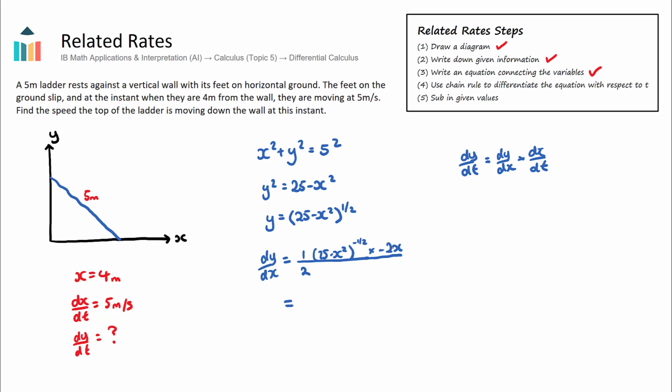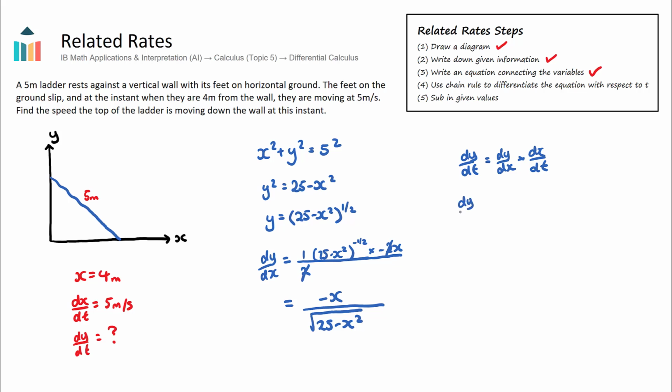The 2 cancels out with a 2, and we have negative x left over on the numerator, and on the denominator we have the square root of 25 minus x squared. Hopefully I didn't lose anyone there. The negative x stays on the numerator. This here is to the power of negative 1/2, so I've brought it down to the bottom, where it is to the power of positive 1/2, and then I replaced it with the square root sign.